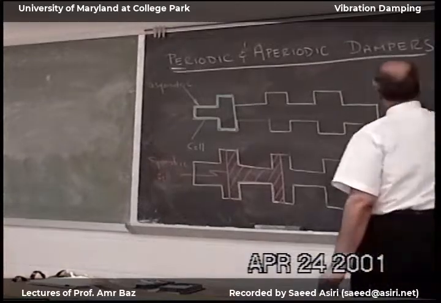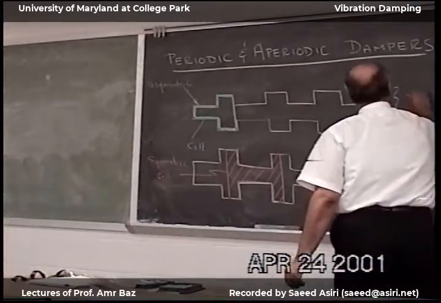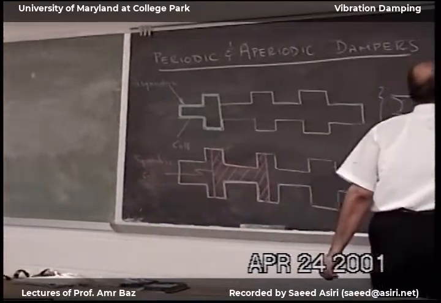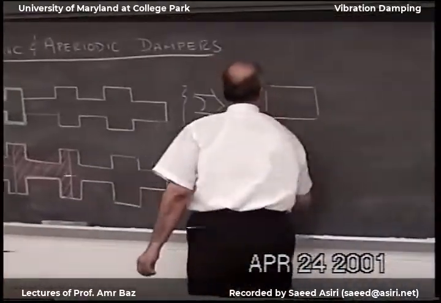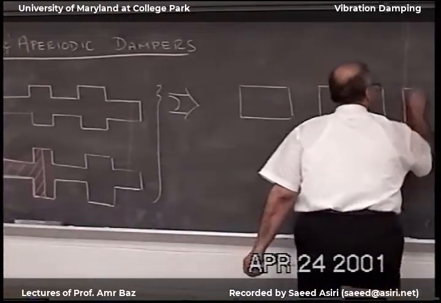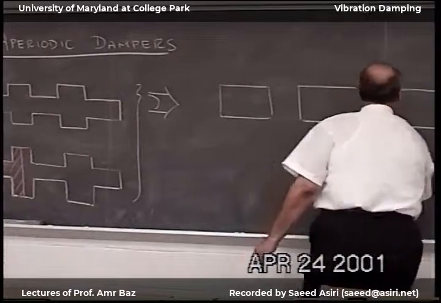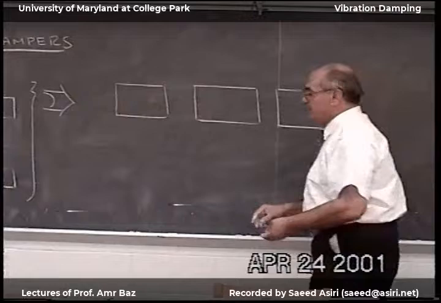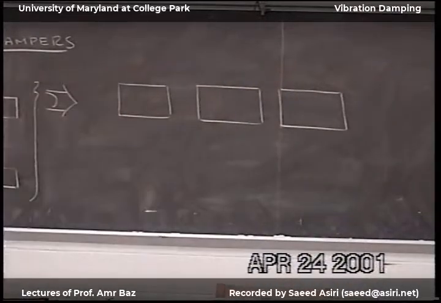Okay, and I can take these and, for example, do them like this. I can take the periodic structure and divide it into black boxes like this.